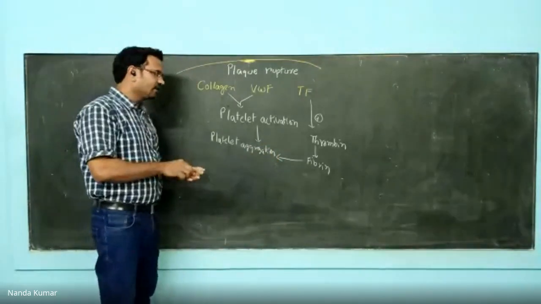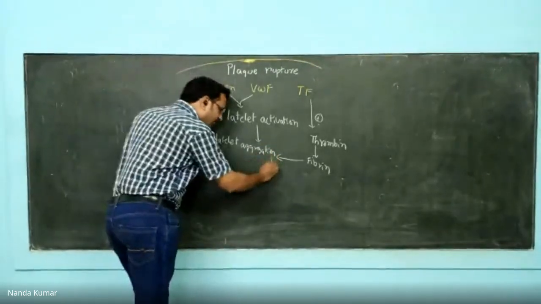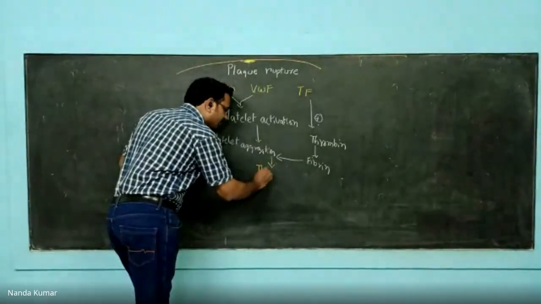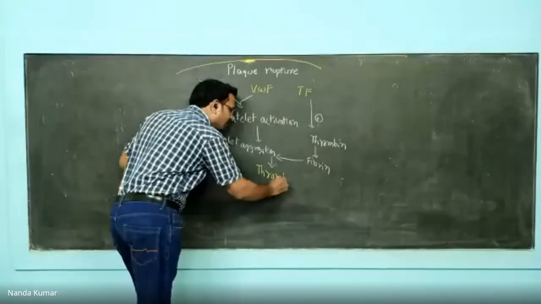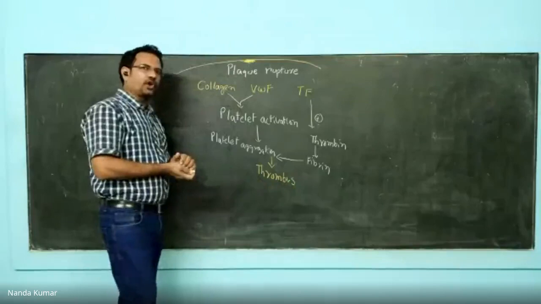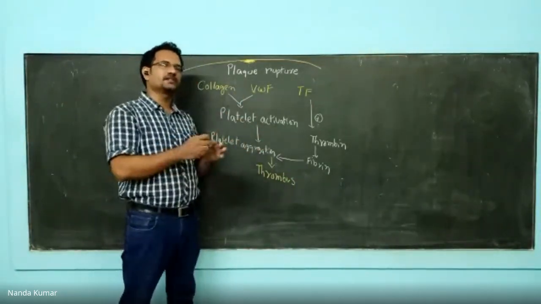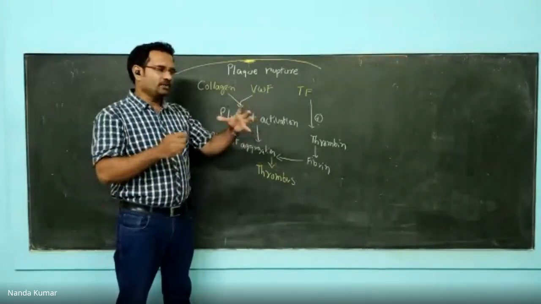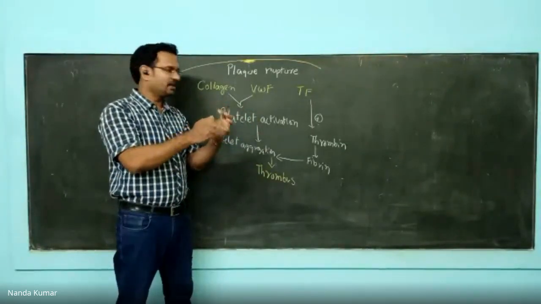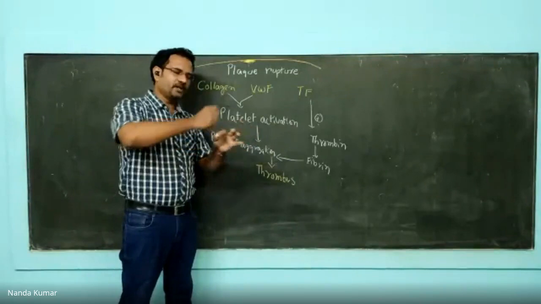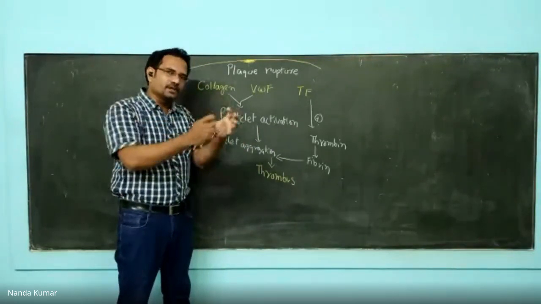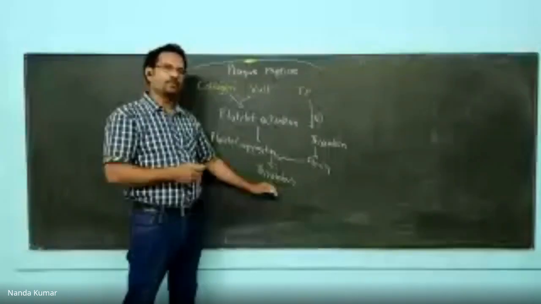Now see, the result of platelet aggregation and fibrin is the formation of a thrombus. It is also known as a clot. So a thrombus is a combination of platelets, fibrin, and trapped red blood cells. All the platelets come together and form an aggregate. When it combines with fibrin, all the platelets tie together along with some of the red blood cells and form a thrombus.